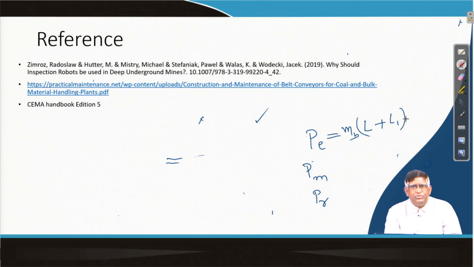If you multiply, this gives you the weight. If it is given as mass, you multiply by g; if it is given in kg, you multiply by g to convert into the proper unit.